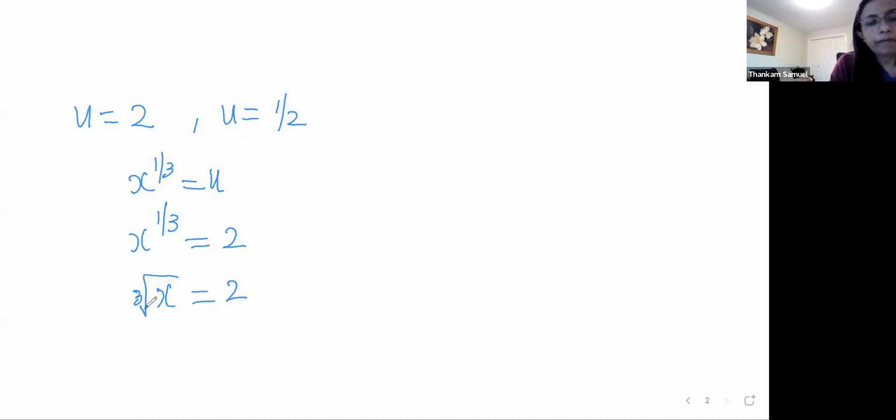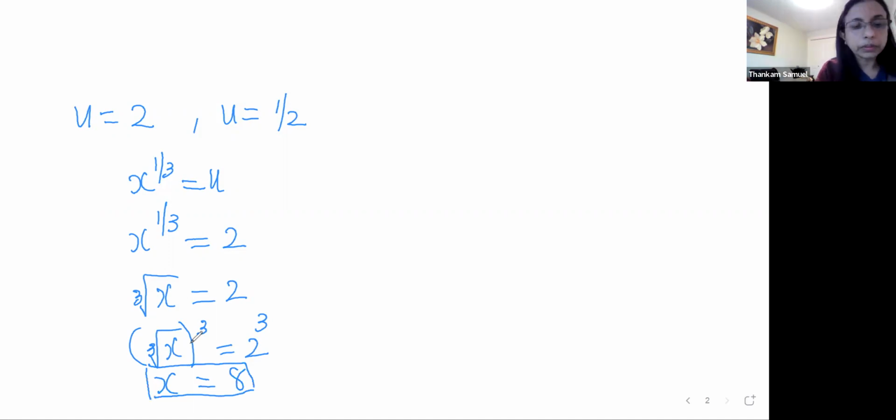To find the value of x, we need to take cubes on both sides, or both sides raised to the 3rd power. So you can see that x equals 8. Okay, so we got the value of one of the variables.